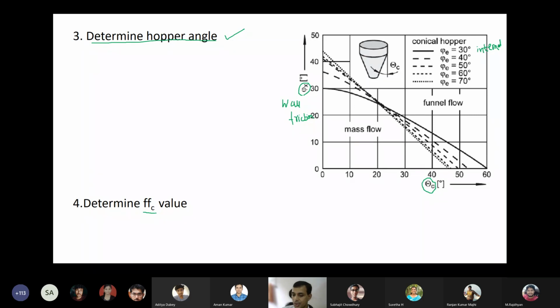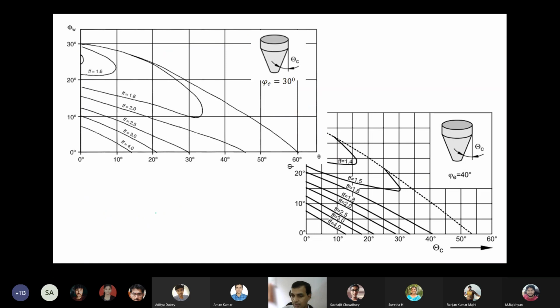To estimate the flowability factor, Jenike developed empirical data based on experimental evidence. Here this is theta c, the conical hopper angle, and this is phi w, the wall friction angle.